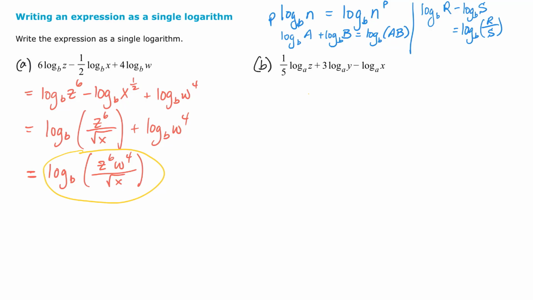In a similar fashion, you could do example B. The key, though, is once again, you're probably going to read this from left to right, and once you do that, you realize certain things can be easily or more easily simplified.